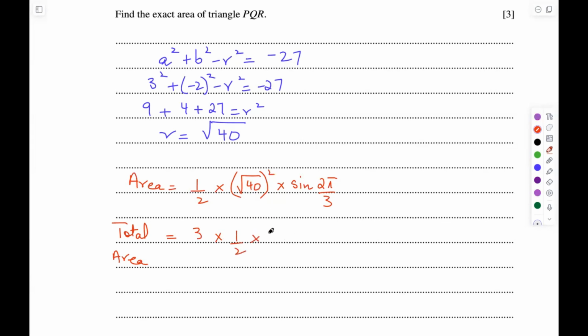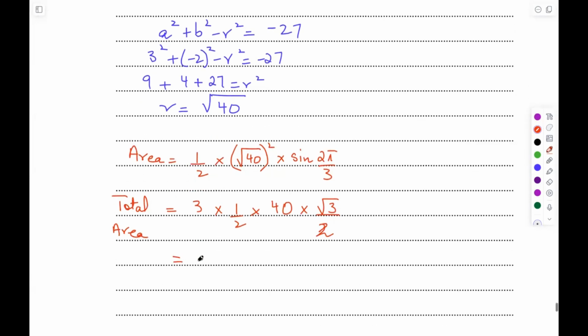Square root of 40 whole squared will become 40, and sine of 2 pi by 3 will be root 3 upon 2. Simplifying this, the 2 will cancel with 40 and the other 2 will cancel with 20. So this will become 30 root 3 for the total area of the triangle.